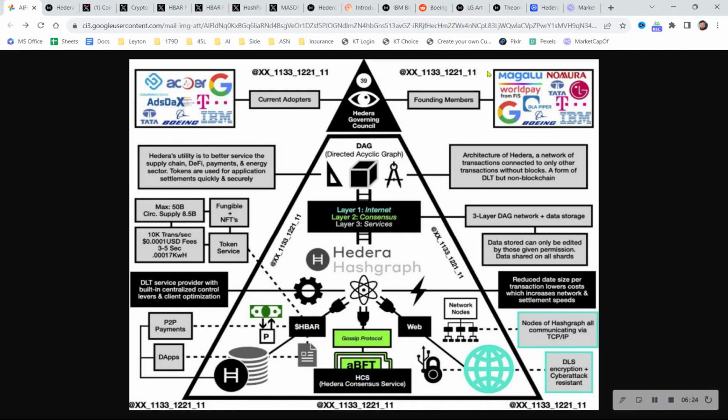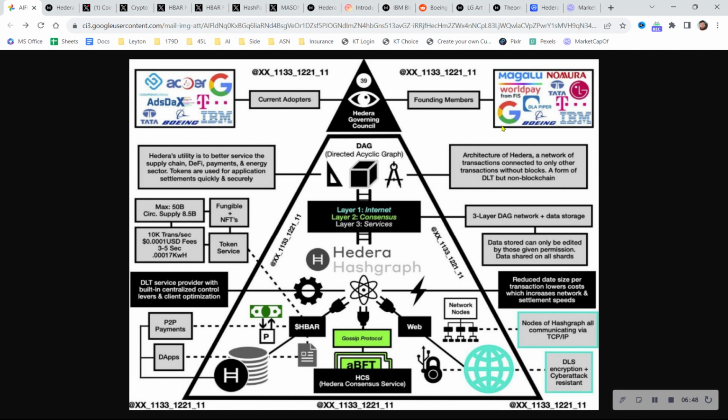Now, I think that the ultimate attractive thing about HBAR is that it is designed to operate at an enterprise height. So it does have a founding director membership program, which has changed over time.